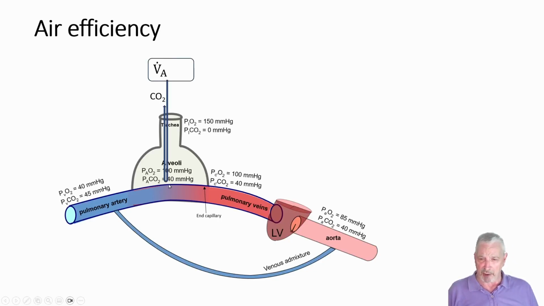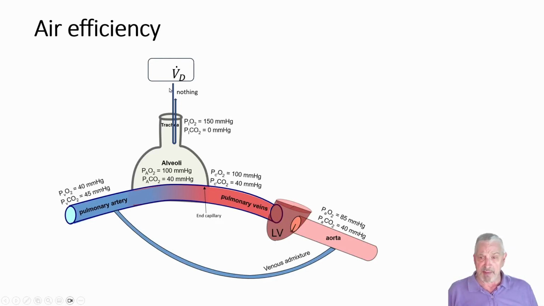So looking first at the efficiency of airspace, what we see is that some of the air we take in goes to the gas exchange surfaces where it picks up carbon dioxide and during the subsequent expiration carries it back out into the atmosphere. On the other hand, some of the air we take in goes into the physiological dead space where it doesn't meet the gas exchange surfaces, comes into contact with no blood flow.